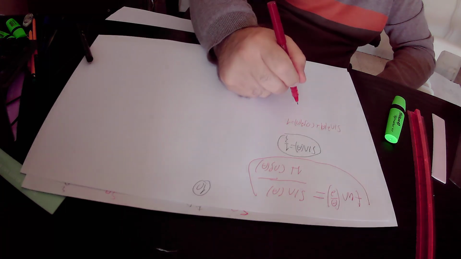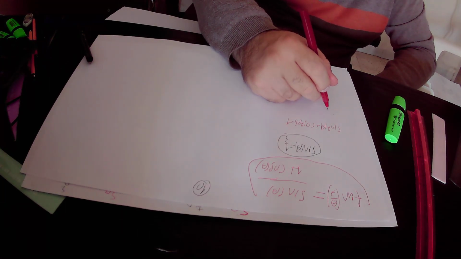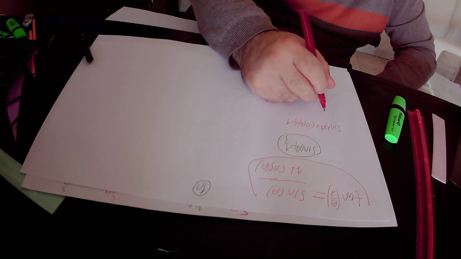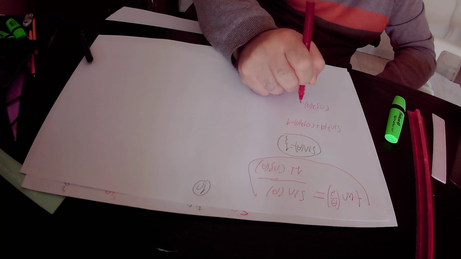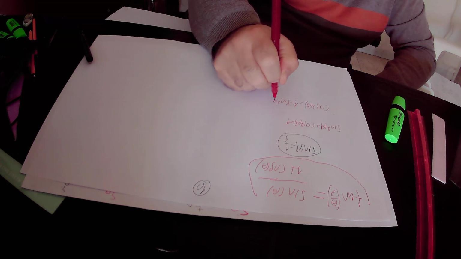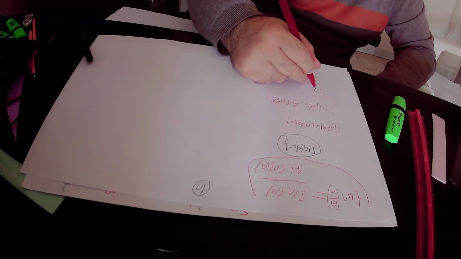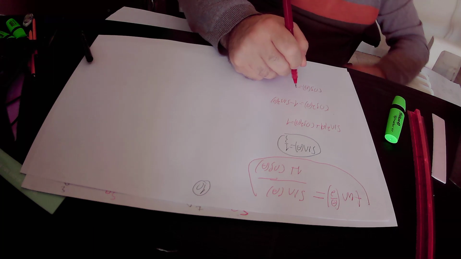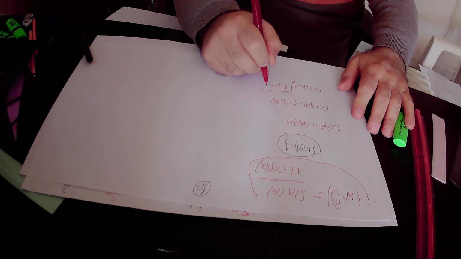We subtract sine square theta from this equation, and we will get that cosine square theta equals 1 minus sine square theta. Here we take a root out of this equation, and we find out that cosine theta is equal to the square root of 1 minus sine square theta.